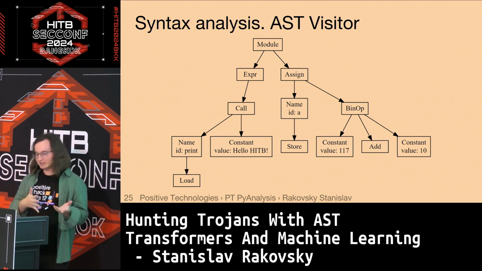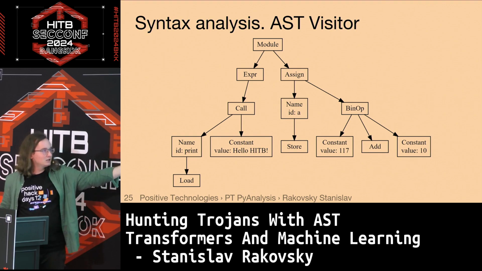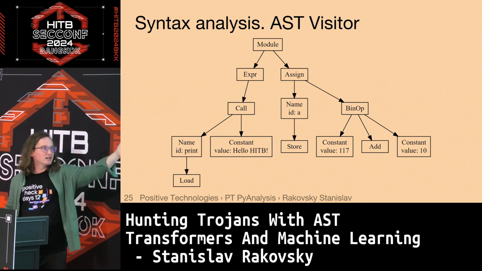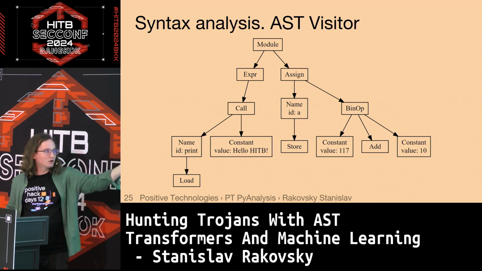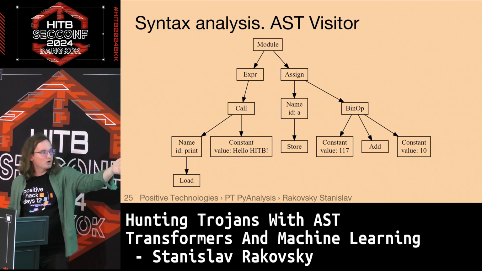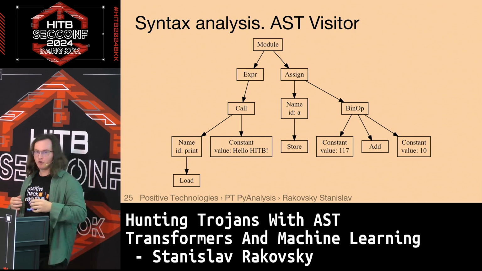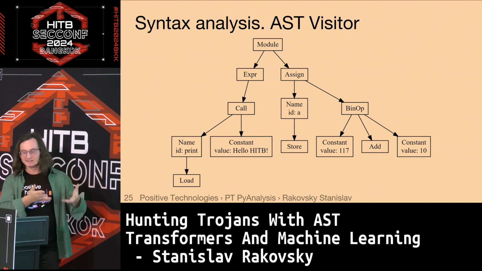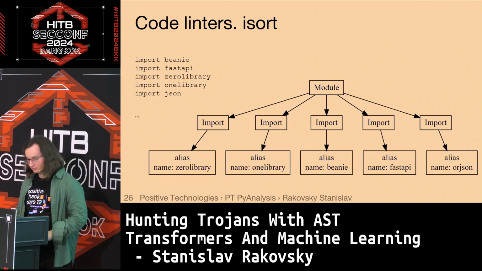We have two lines: the first is a call of the name print with the constant hello HITB, and the second is assigning to a variable called a the result of a binary operation between the constants 117 and 100, and the operator is add. So our compilers will work with this structure to make your code executable.